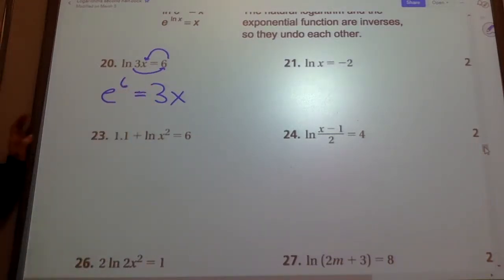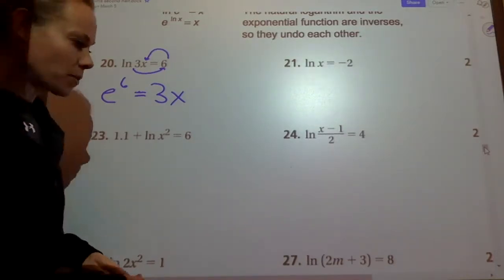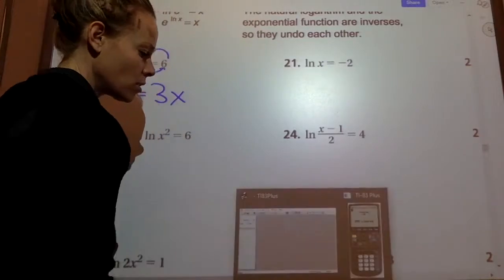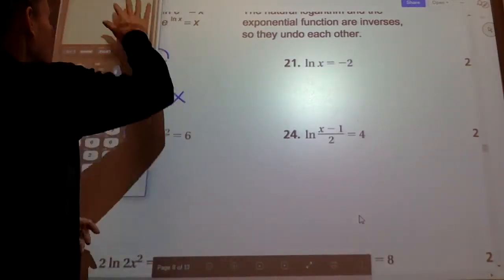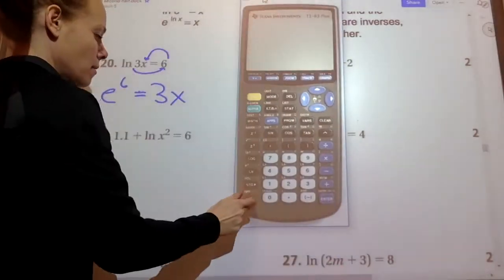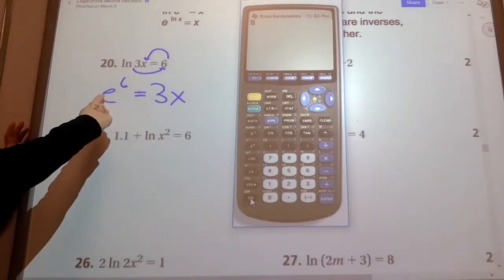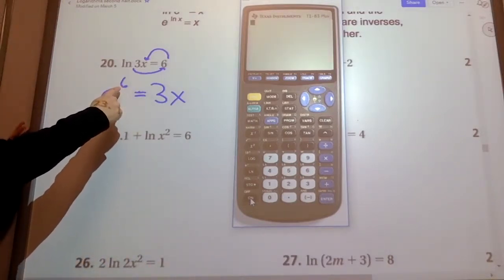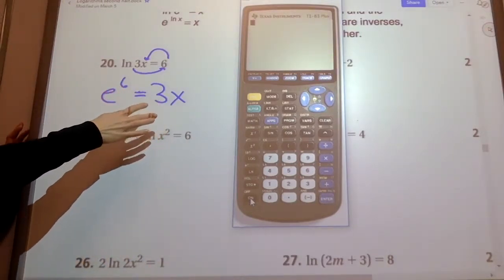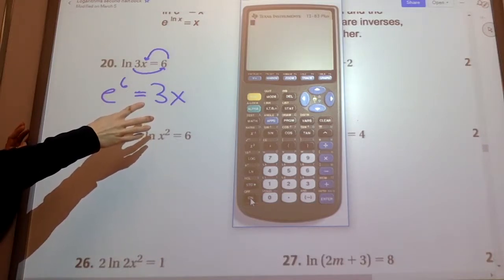For homework today, you'll need your calculator because e is on the calculator. We've used that button just a little bit before. So again, you can put all these steps on your calculator. Because what I'm going to do is go e to the 6th power, and then I'm going to divide by 3. That's how I solve for x.